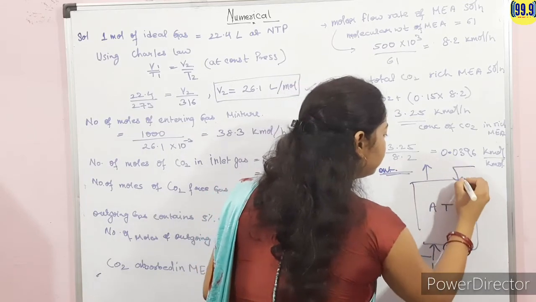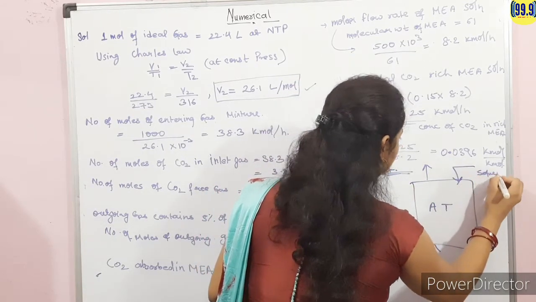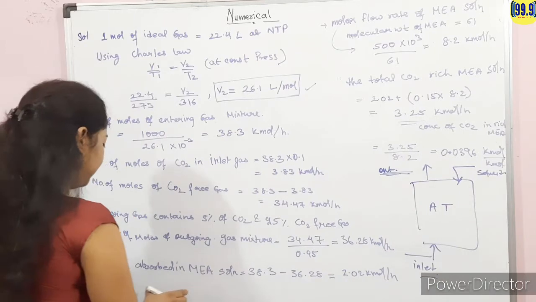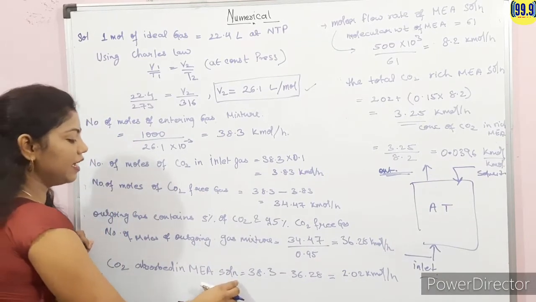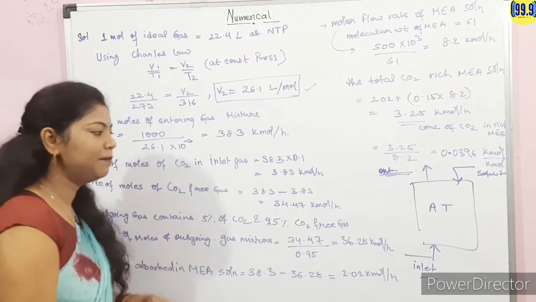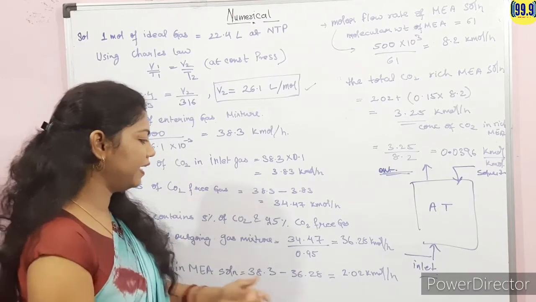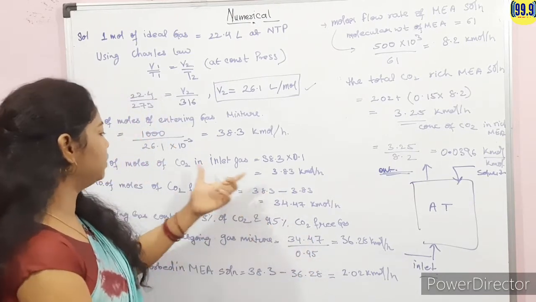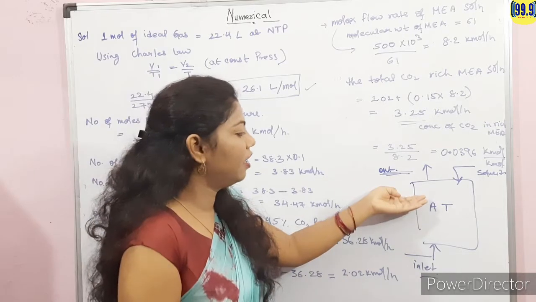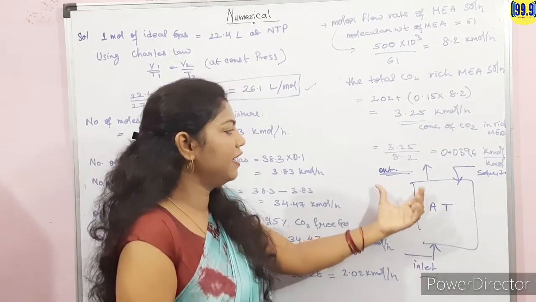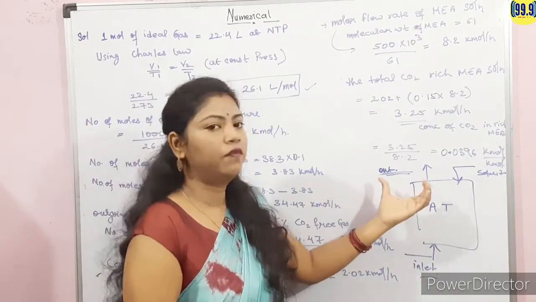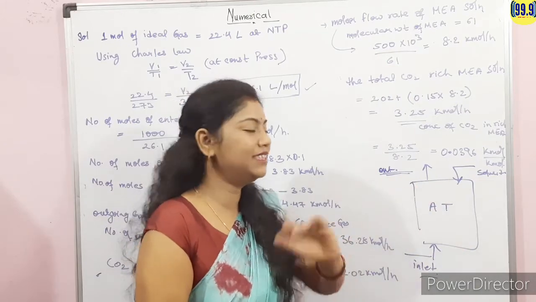Okay, now come to the solvent inlet conditions. We have to calculate the carbon dioxide absorbed in the MEA solution. We simply calculate it from the number of moles entering the tower and the number of moles out from the tower which is free from the CO2.